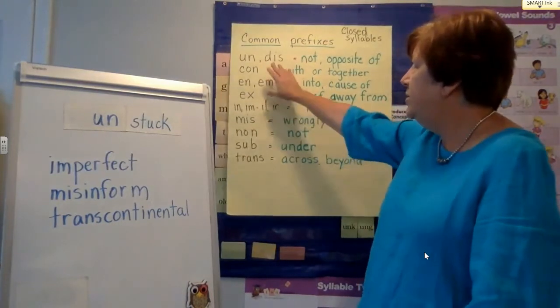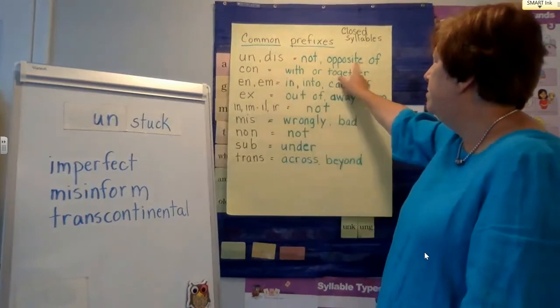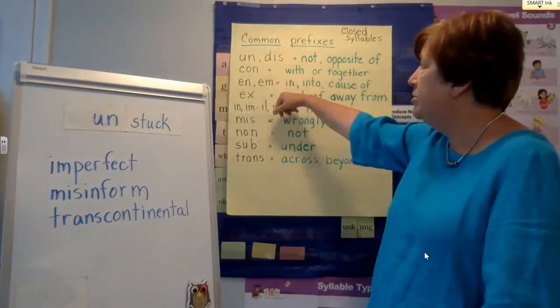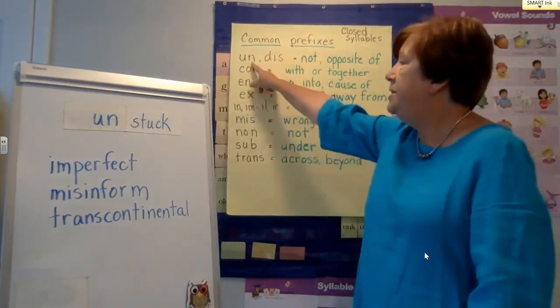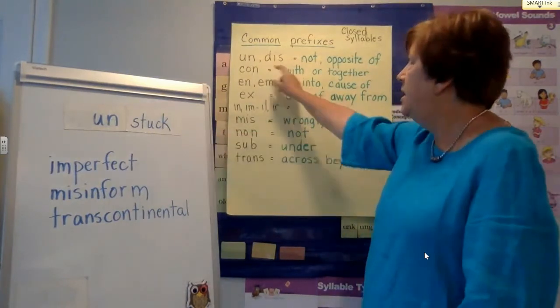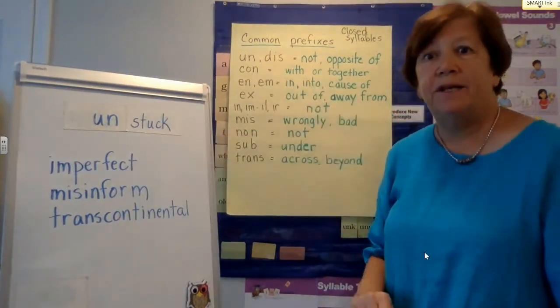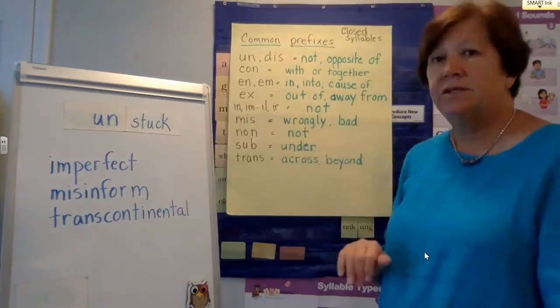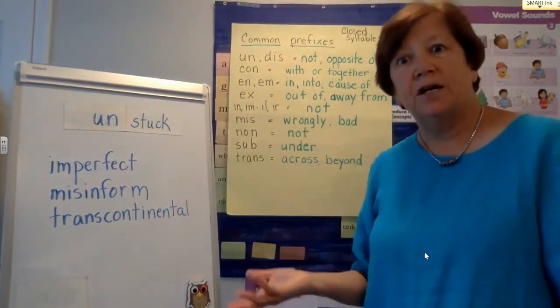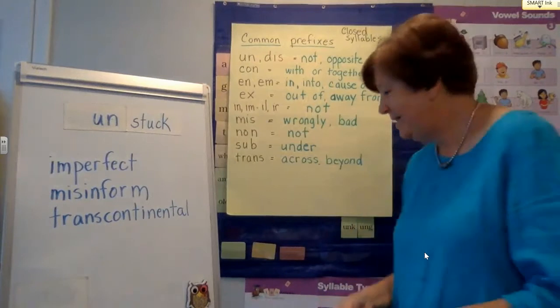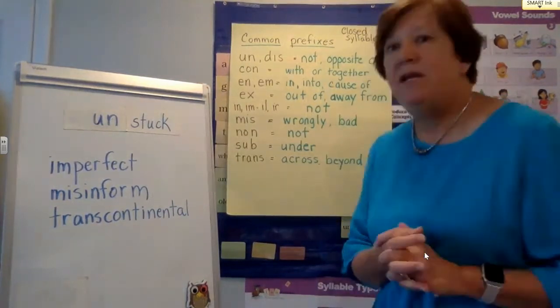So un, we see in unstuck, un means not or the opposite. If something is unstuck, it's the opposite of stuck. It's not stuck anymore, right?